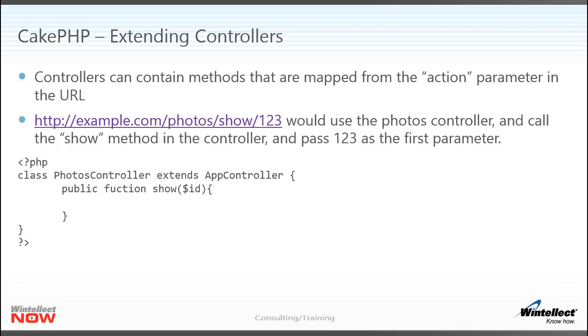So if I go photos/show and then say 123, I'm saying show photo 123, and that 123 is going to map onto that ID parameter inside of this. If I had two parameters, I'd go /123/parameter XYZ, and that would map onto the second parameter, and so on. So that's how you would pass parameters into these particular functions inside of your controller.